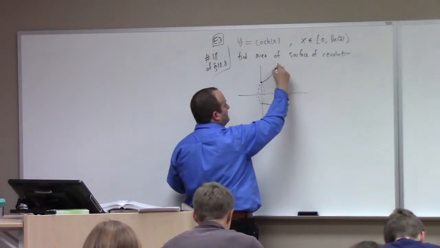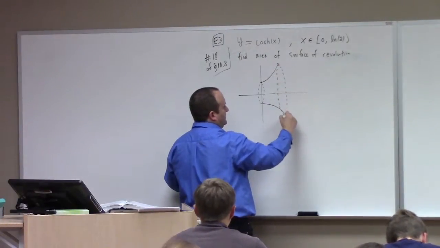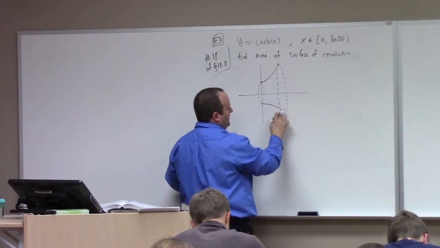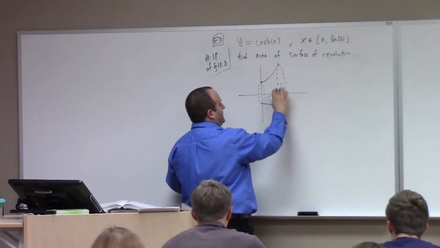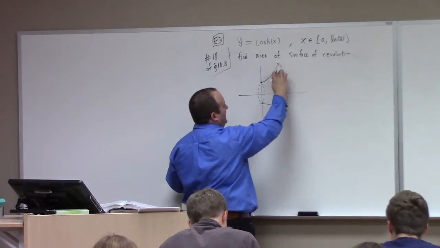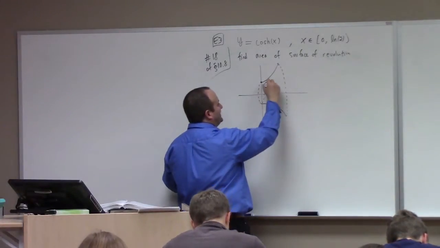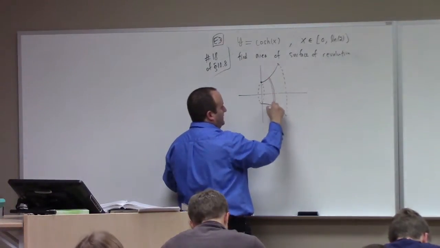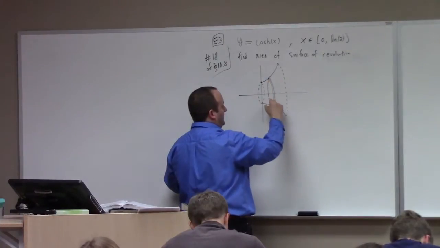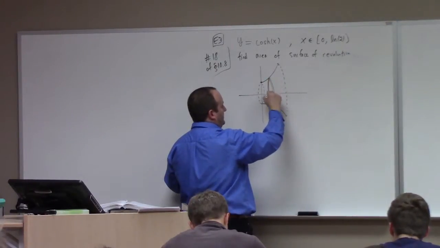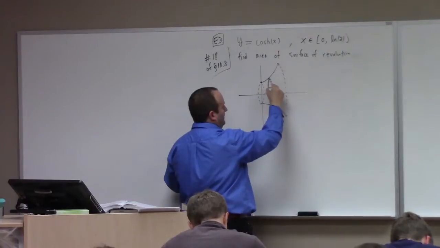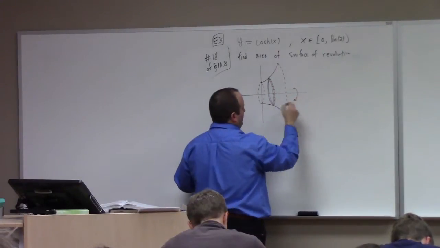Here's the curve. Here's a typical band on it. Not that I really need to draw that, but there it is. Anyway, so what's the surface area of this thing?